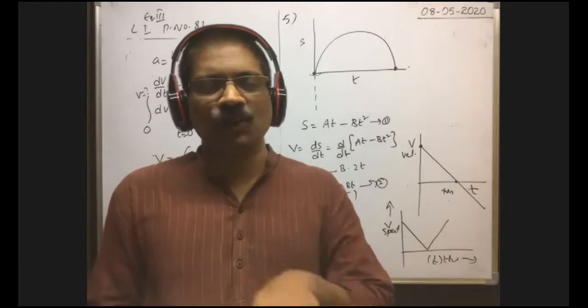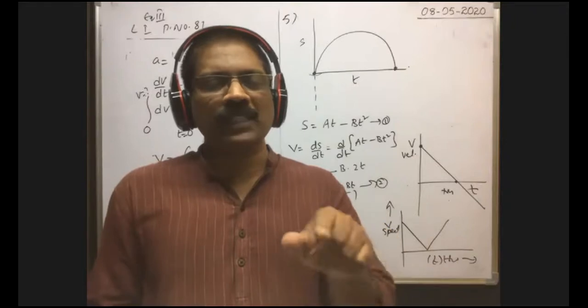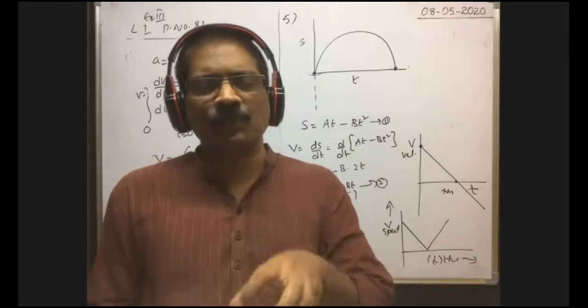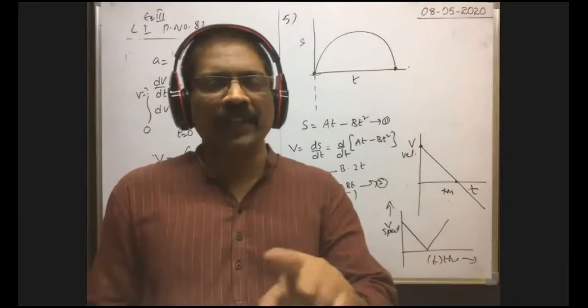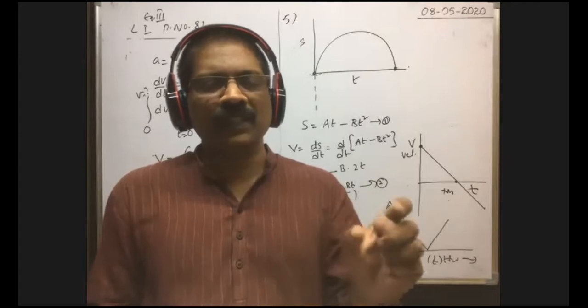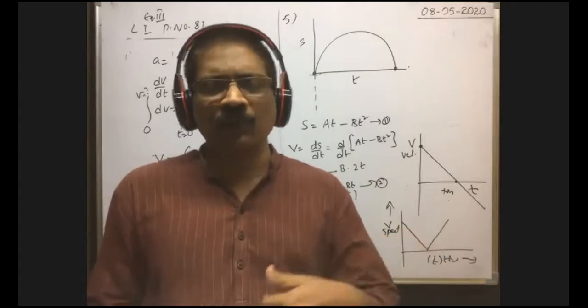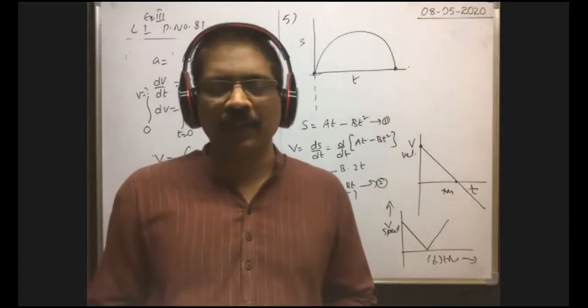In that, AS is known, the average AS value. That's why in the formula V square minus U square equal to 2AS, instead of AS, you substitute the area under the graph. U is 0. Then V square is equal to 2 into the area under the graph. Then from that you will get V square, then you find the V value. You will get directly the velocity after 12 meter displacement.